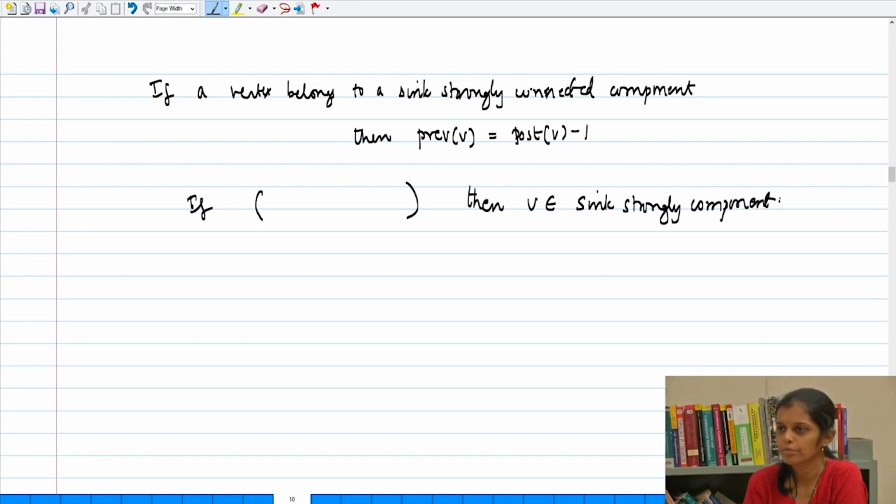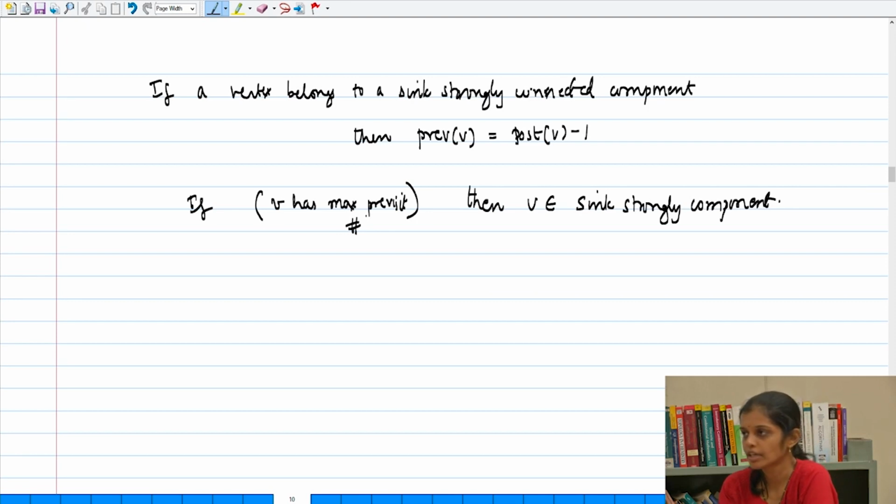So let me make one guess and you can tell me whether it is correct. Anyway, that sink vertex must have been reached at a very late point, right? So it must have got a large pre-visit number. So I will claim that if V has the max pre-visit number, then V belongs to a sink strongly connected component.